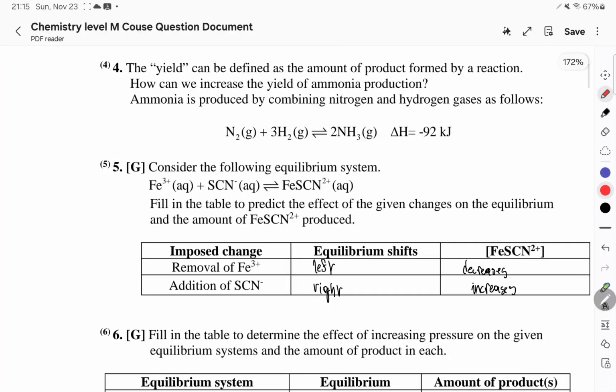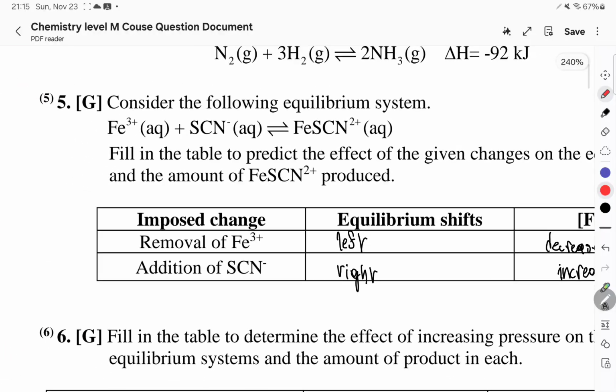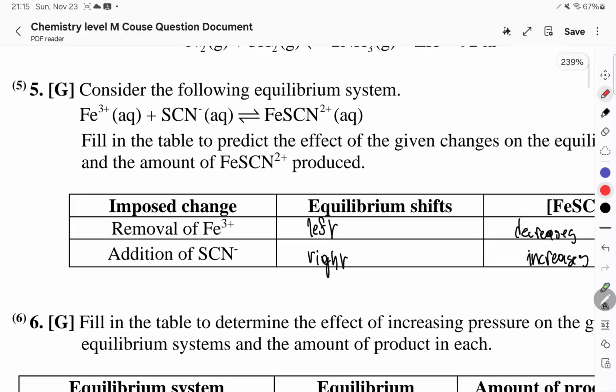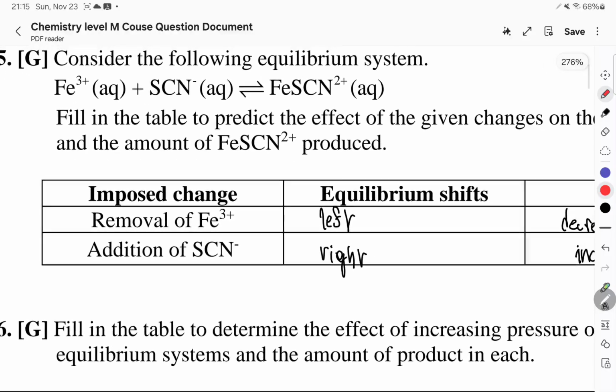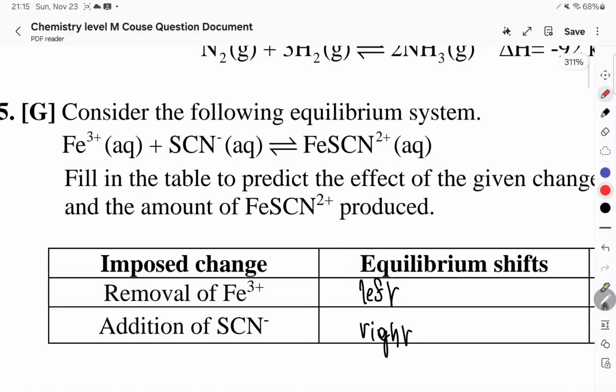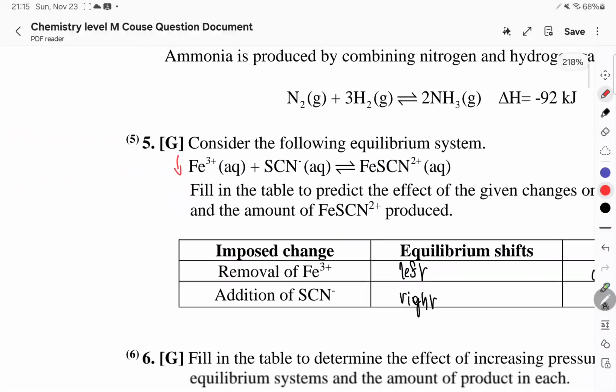Question 5, consider the following equilibrium system. Now they stated here it's just removal and addition of certain substances. They said the removal of Fe3+. Here there's nothing specific to know. They didn't give us exothermic or endothermic, they just told us removal of Fe3+. Now we should know what happens when the concentration decreases, to counteract this.